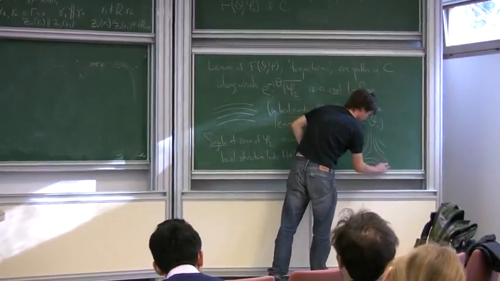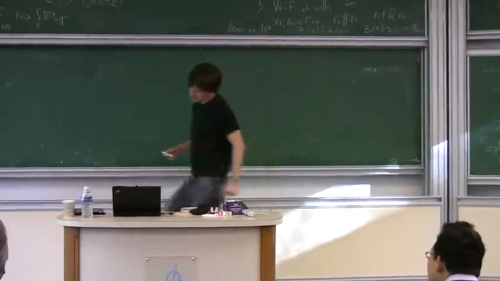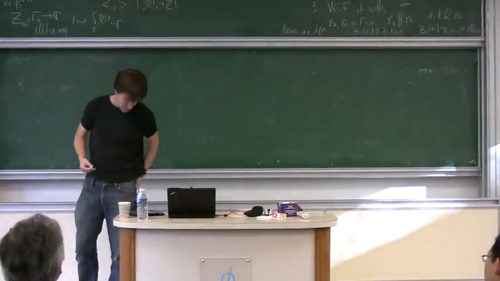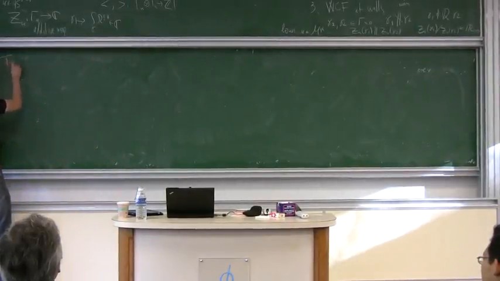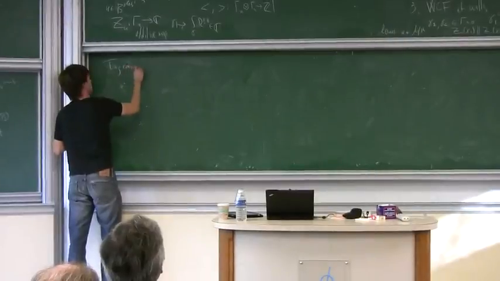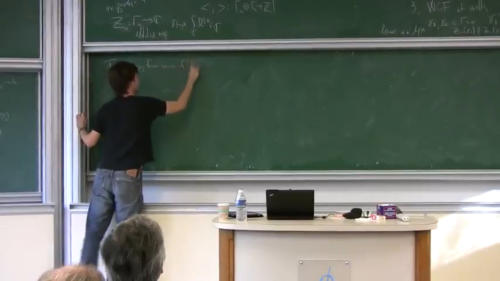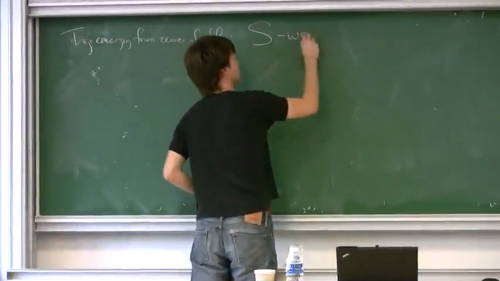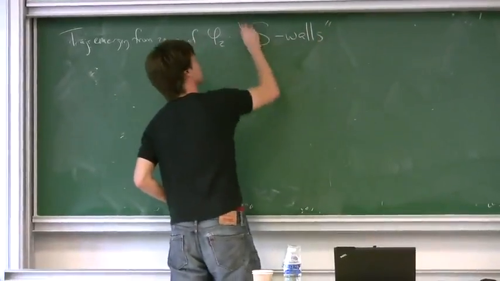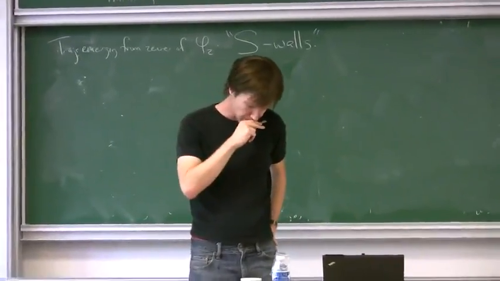I might sometimes say turning points. So let's try making those brown. I'm going to call the trajectories emerging from zeros of phi 2, well, you might call them separating trajectories, I'm going to call them S-walls. Okay, so that's something you can do with a quadratic differential.